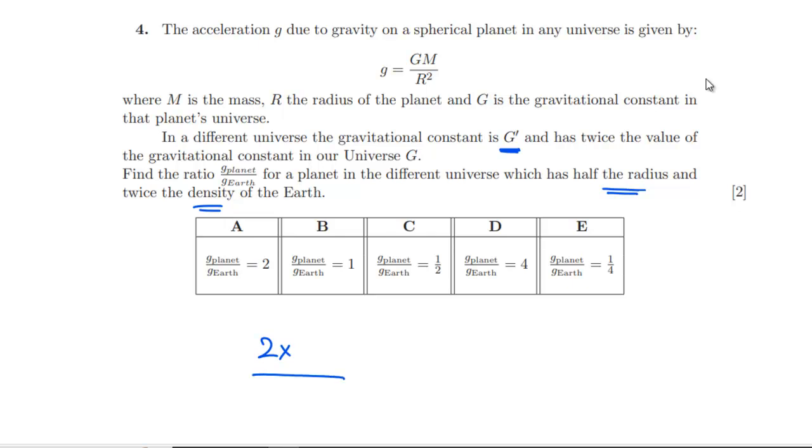Right, so we're going to have a density times volume for mass divided by a radius squared. So we're going to end up with a density times a radius at the top. So they're going to cancel out. So we're going to have 2 times 2 times a half is the total effect on this. So we're going to end up doubling it, which means we've got A.